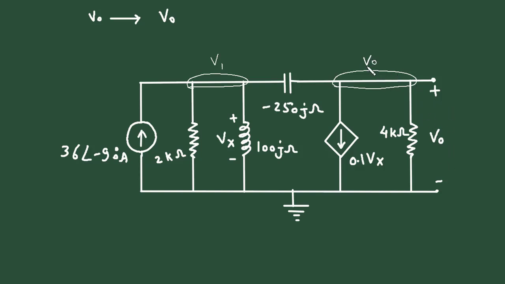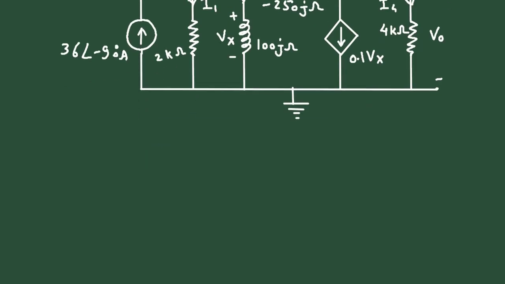So let's take this node as VO and this node as V1. Now let's assume this current is current I1, this current is current I2, this current is current I3, and this current is current I4.